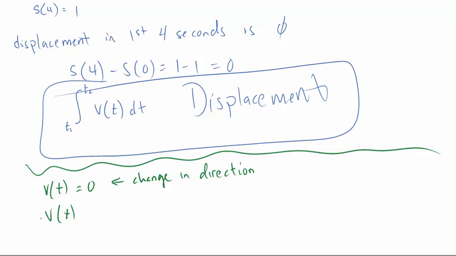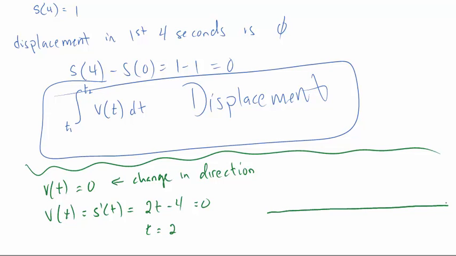So v of t will be the derivative of the position function. The derivative of that position function is 2t minus 4. If we set that equal to 0, we find that at t equals 2, there's a direction change.